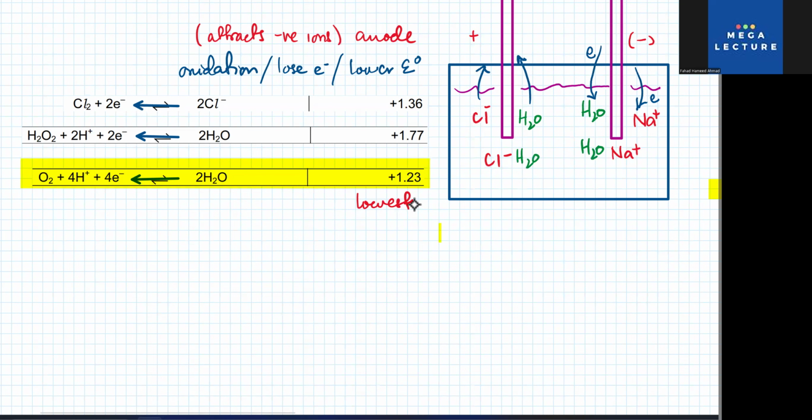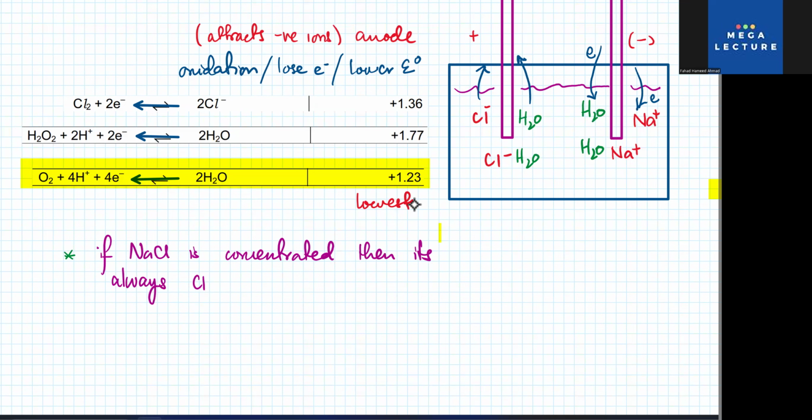Now, what happens is that you already know from O levels that if NaCl is concentrated, then it's always Cl ions that lose electrons. Is that clear?